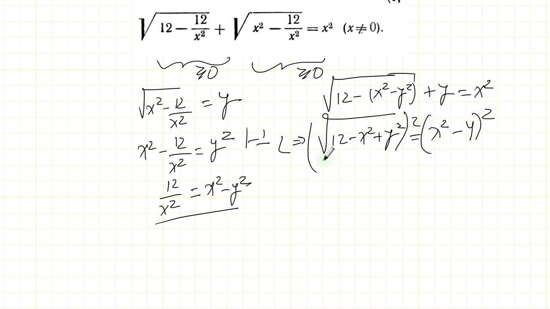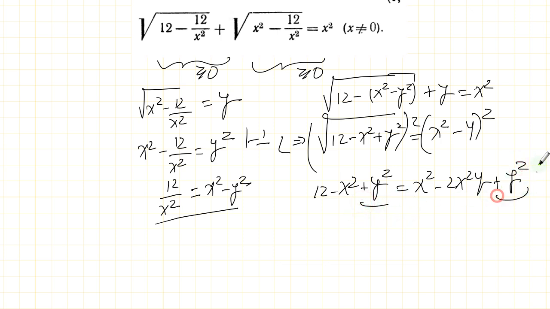We're going to have 12 minus x squared plus y squared equal to x to the 4 minus 2x squared y plus y squared.